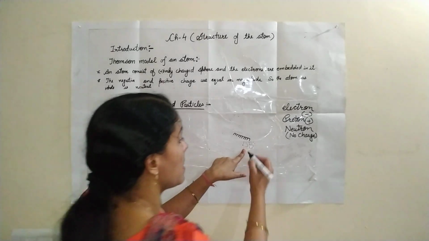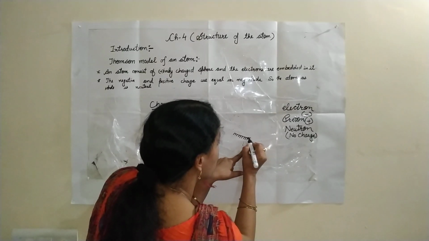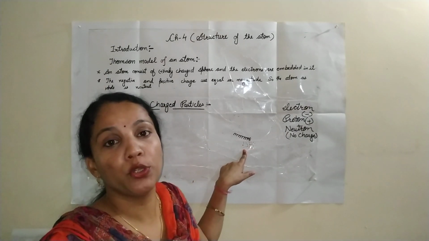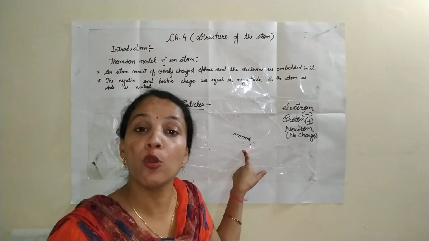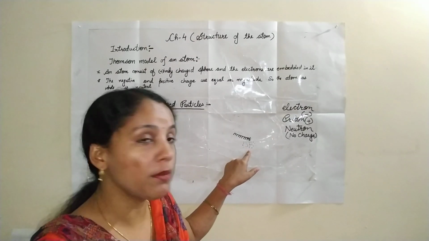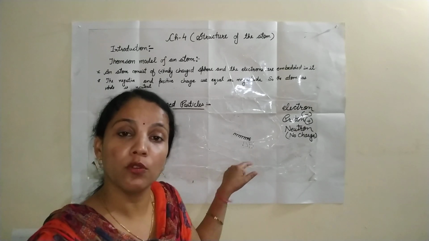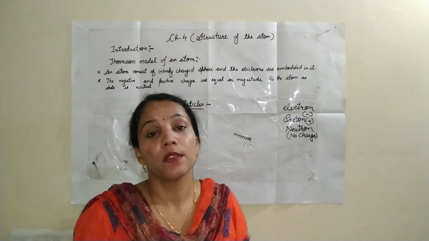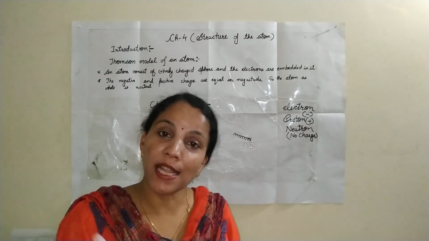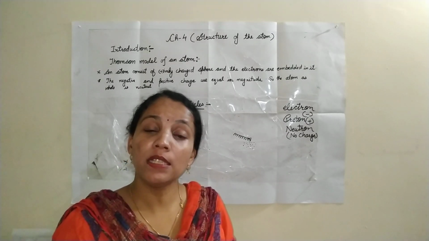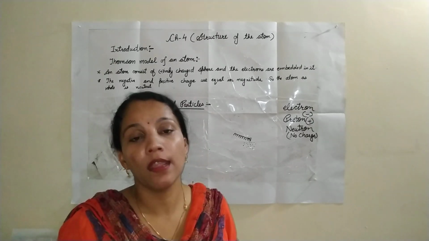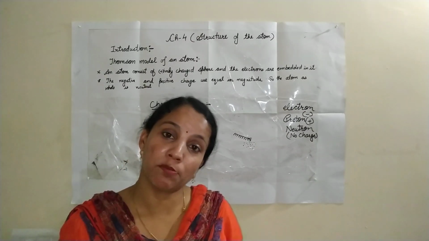These small pieces are attracted towards the comb. Why did this happen? This happened due to development of opposite charge on both the comb and these small pieces of paper. From where does this charge come? This charge comes due to the charged particles. That means every matter has charged particles, and we know that the atom is made up of charged particles.